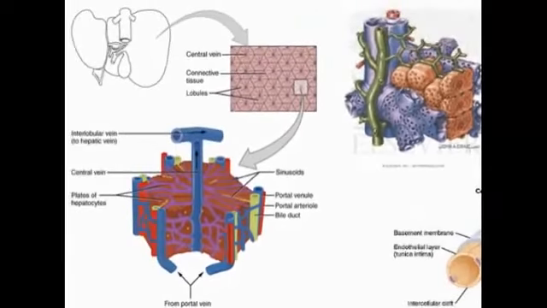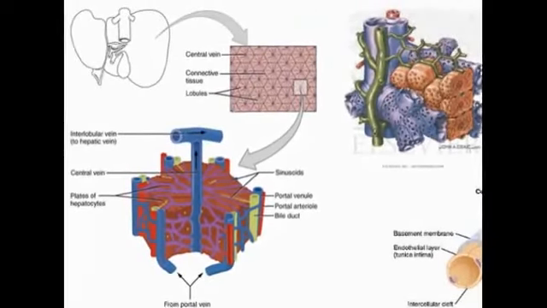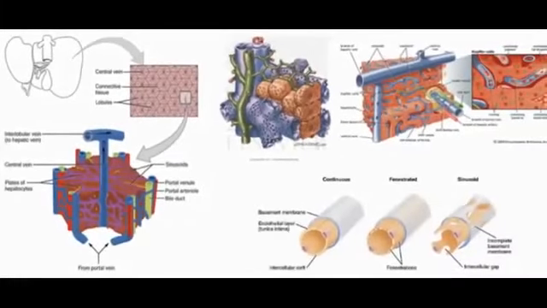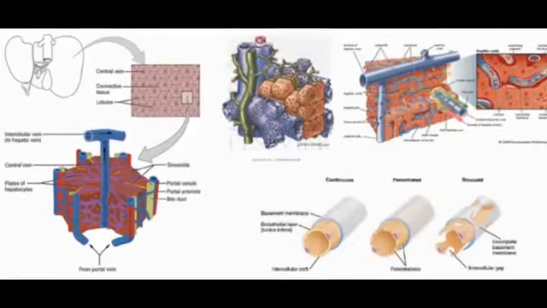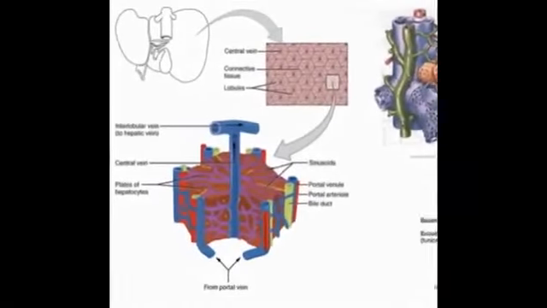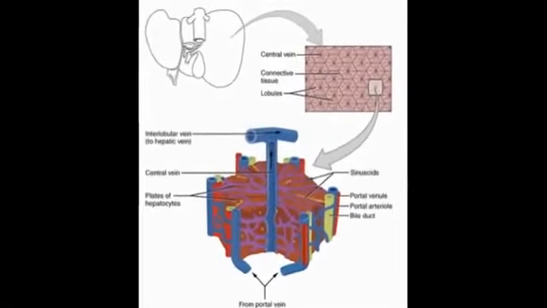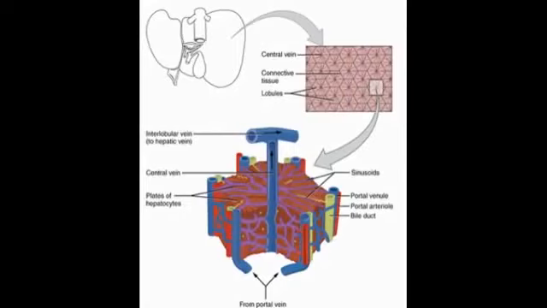This is number 8. That slide is a more microscopic view of each lobule. In the middle of that structure, you see this is the same hexagonal structure.